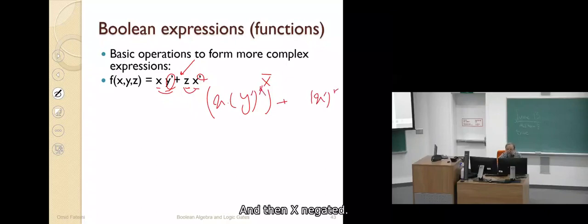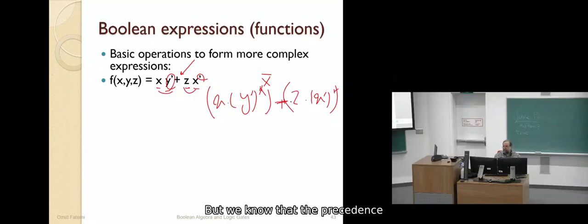Then X negated, then AND with Z, and then these two ORed together. This is the same as that one, and you see how ugly this one is, so that one is much better. But we know that the precedence is invert, then AND, then OR.